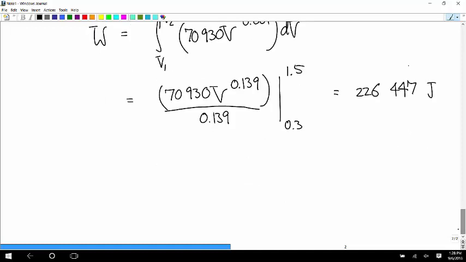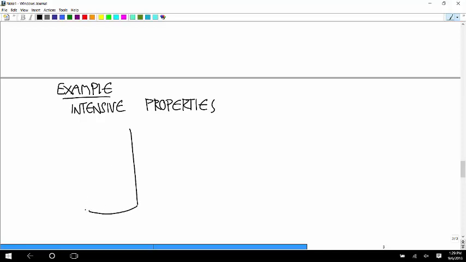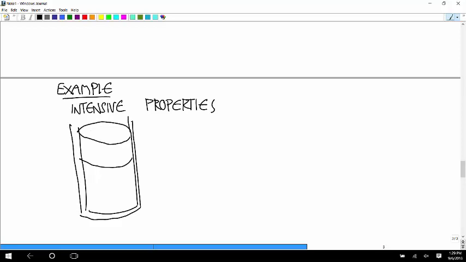Okay, let's do one now where we're dealing with intensive properties. Okay, so let's say that we have a cylinder and a piston. And the piston is this giant heavy thing with a mass of 5 kilograms.